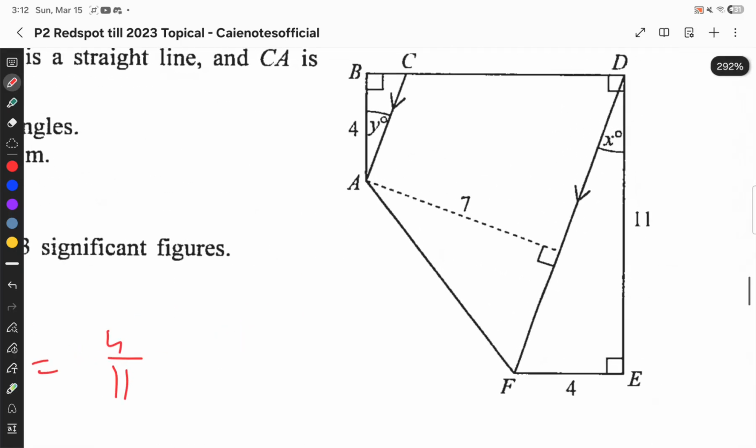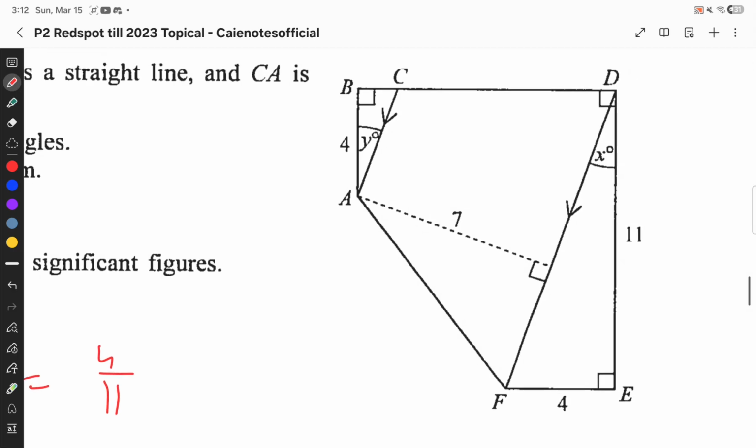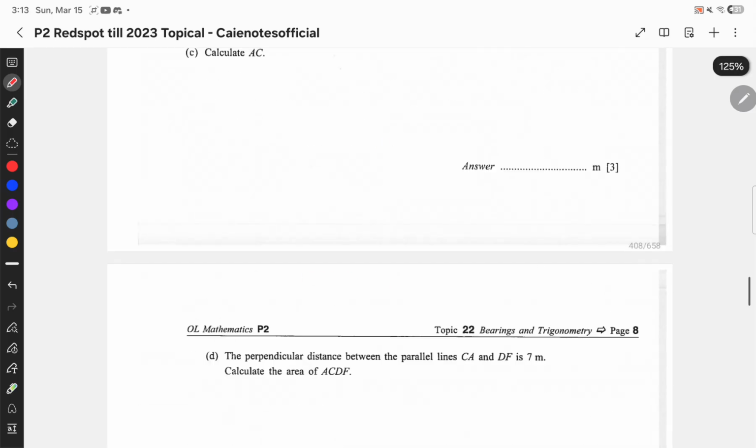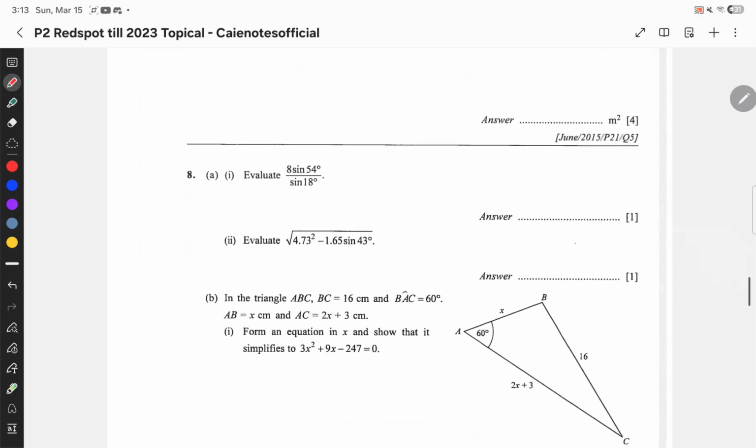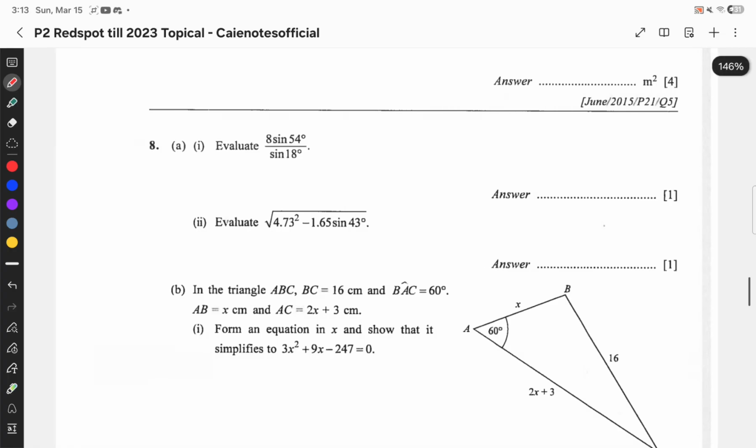Well, we have 3 ways we can do this. This is perpendicular, good. This is 90, good. And also the third bit, BC and FE are similar and are parallel to each other. You can use similarity to deduce that angle x and angle y are indeed the same. And we need to calculate AC and the perpendicular distance, and so on.